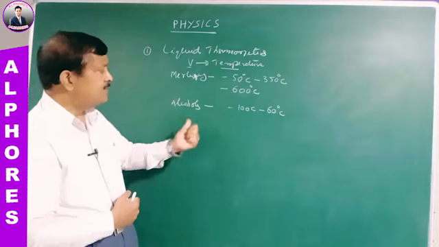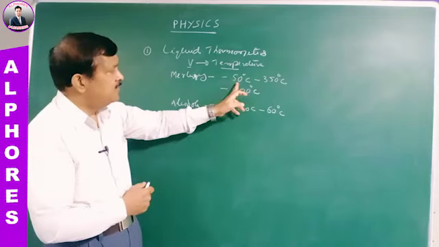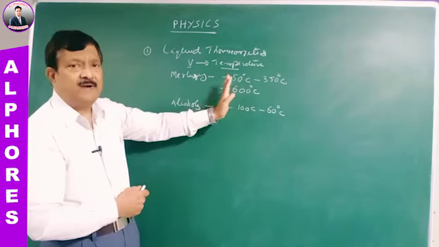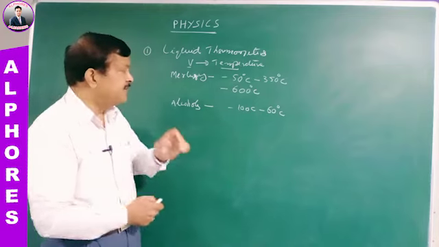Alcohol thermometers are preferable to measure low temperatures. Here you can measure up to minus 100 degrees centigrade. That is the advantage.